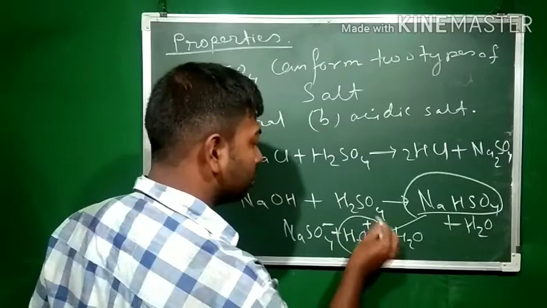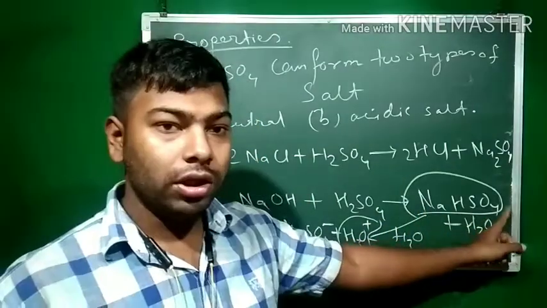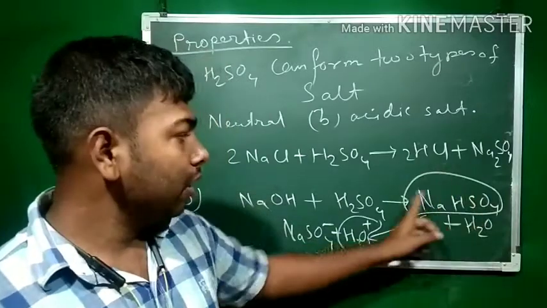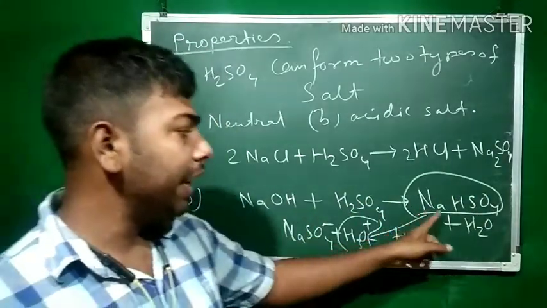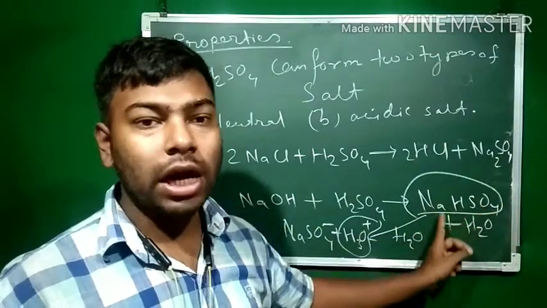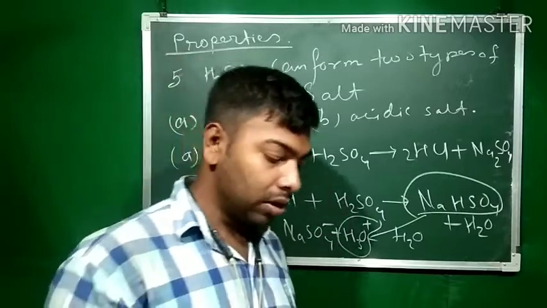This H3O positive is responsible for the acidic character of this salt. That's why we can say when acid reacts with sodium hydroxide, it produces acidic salt, that means sodium hydrogen sulfate. Okay, clear now? Okay, I think clear.